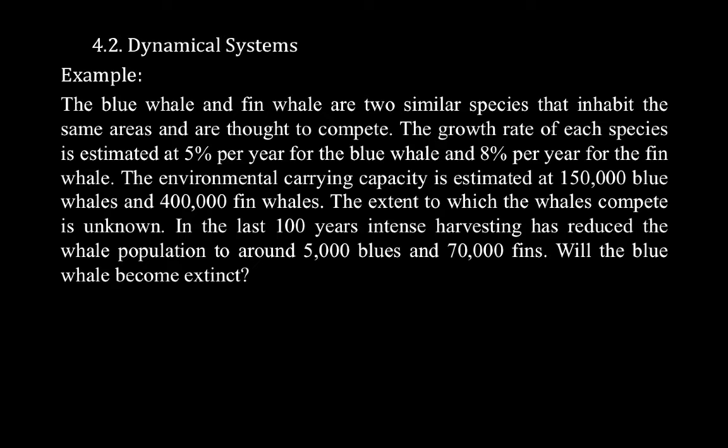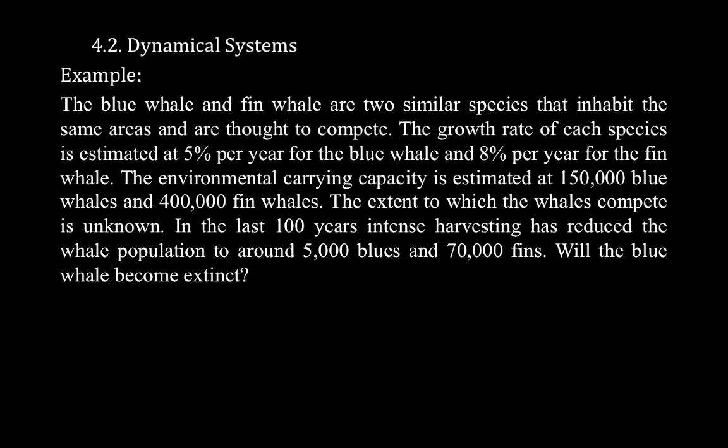The environmental carrying capacity is estimated at 150,000 blue whales and 400,000 fin whales. The extent to which the whales compete is unknown. In the last 100 years, intense harvesting has reduced the whale population to around 5,000 blues and 70,000 fins. Will the blue whale become extinct?